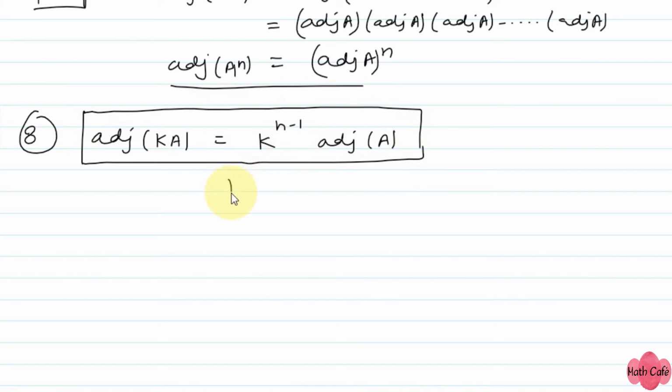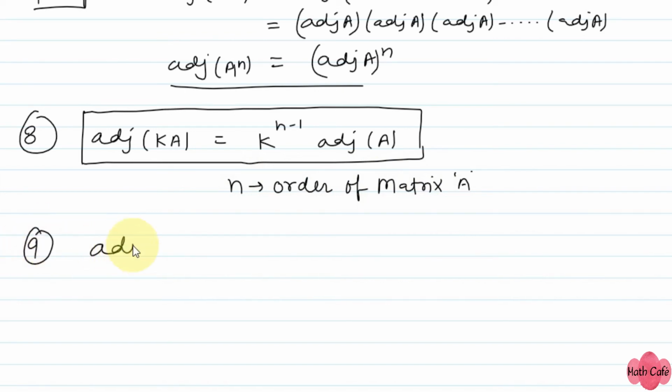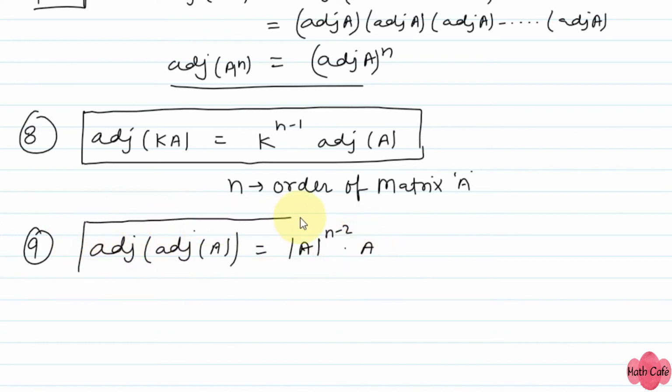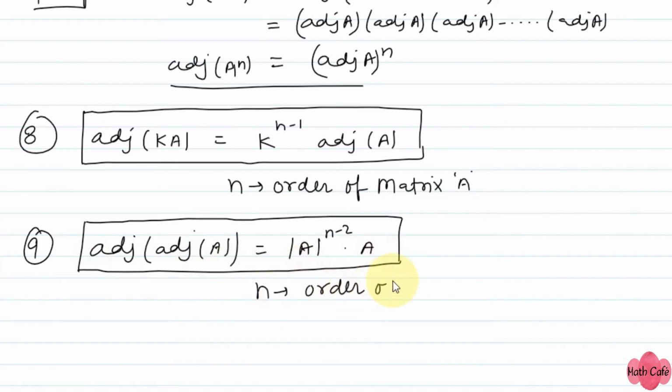So here n is the order of matrix A. Alright, so let's see the ninth property, determinant of adjoint of A, that is nothing but determinant A power n minus 1. Okay, here also n is the order of matrix.